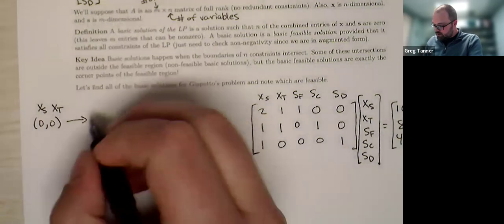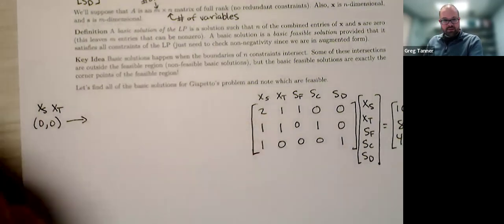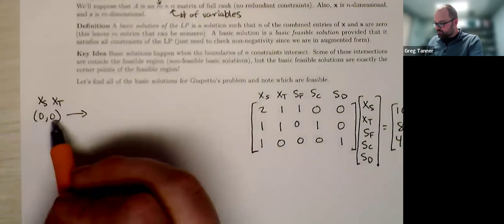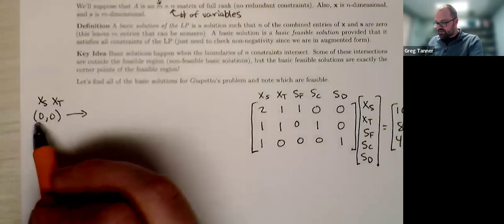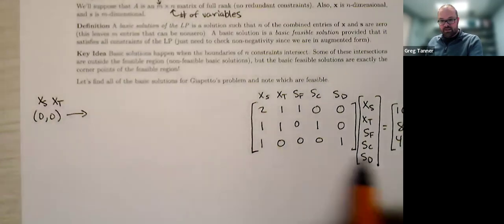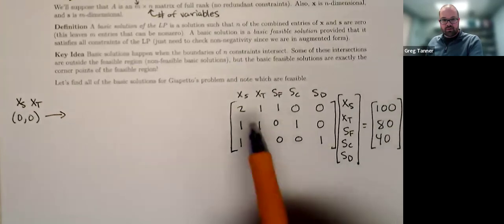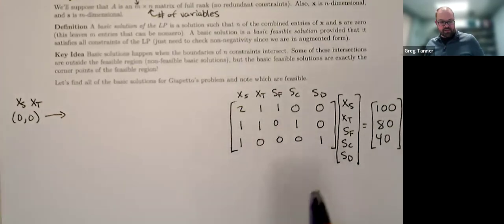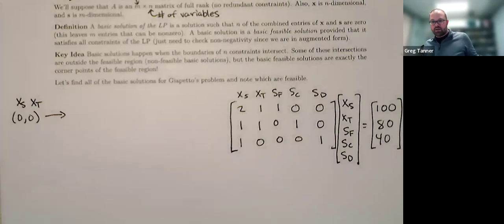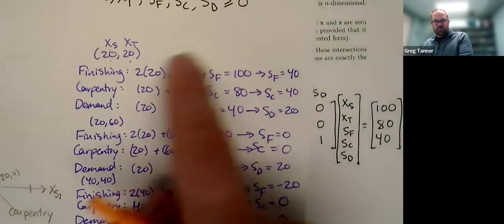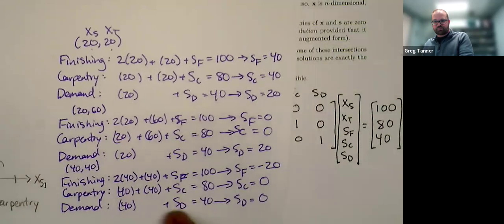Here's the trick: I can plug in values of xs and xt into this and solve for the slack variables. That's exactly what we were doing a couple videos ago.